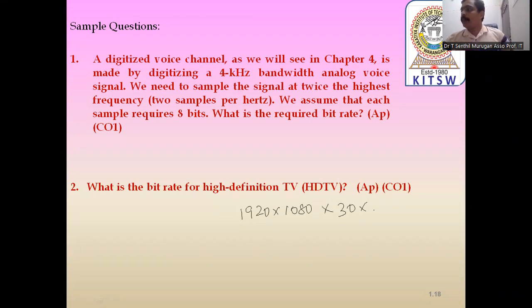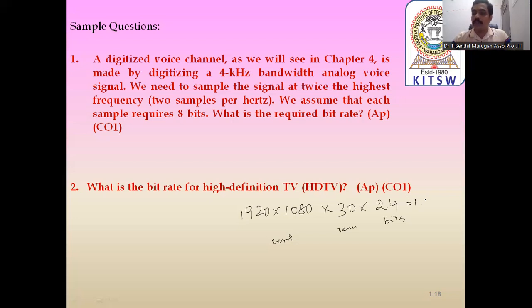And then for each pixel, how much resolution does it take? For example, 24 bits are needed to represent a color pixel. So one color pixel needs 24 bits. We multiply these values with the renewal rate and the resolution, and finally we get about 1.5 Gbps, 1.49 something.